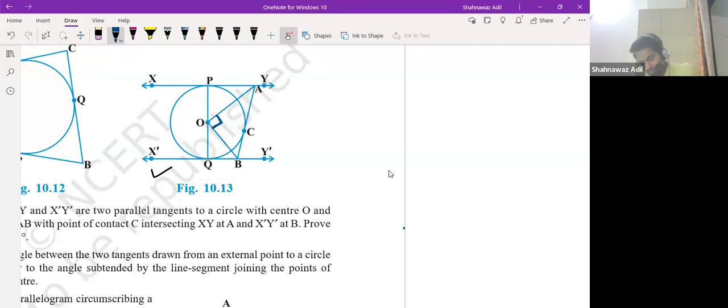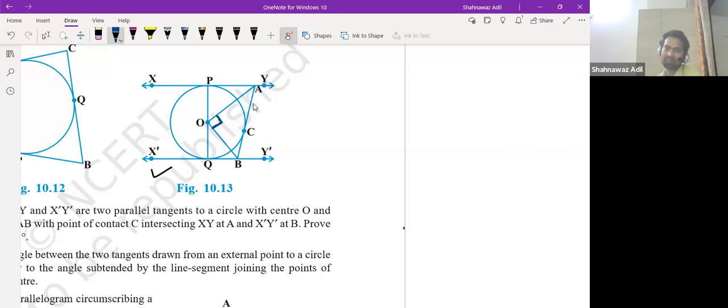So how can we do this? Sir, angle OAB plus OBA is 90. Okay, so this is the correct method, but we don't know how they are 90.